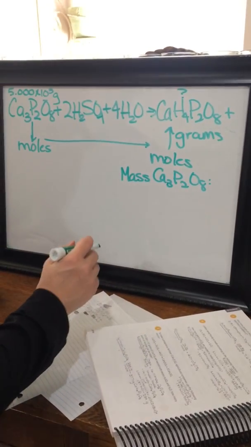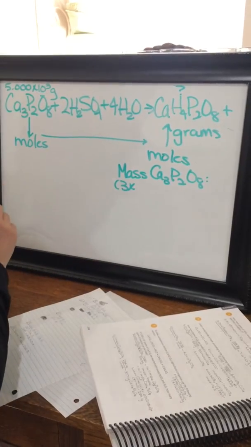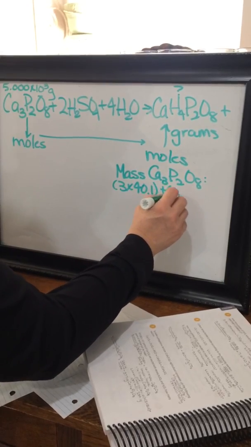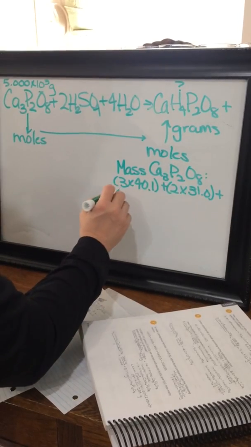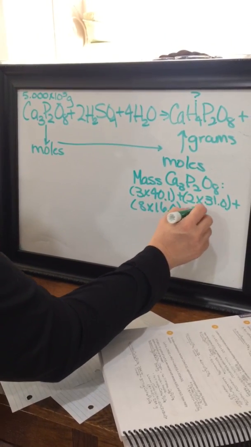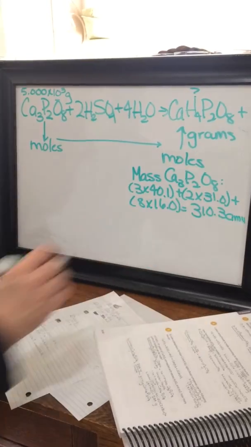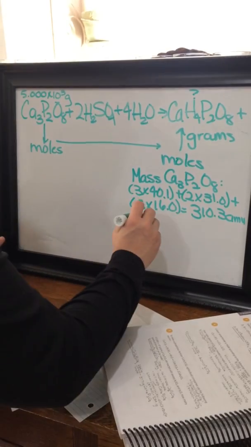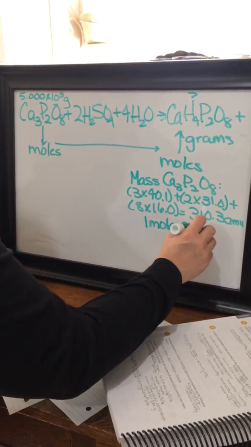Using your periodic table, you should be able to do 3 times Ca, which is 40.1, plus 2 times phosphorus, which is 31.0, plus 8 times oxygen, which is 16, is 310.3. Remember, you always have to go to the tenths place. So remember, this means 1 mole of this is equal to this many grams.